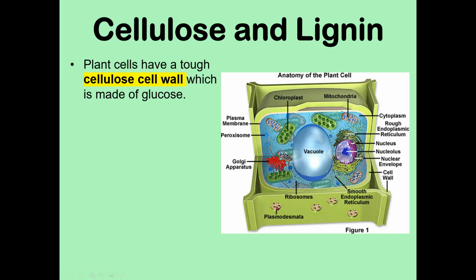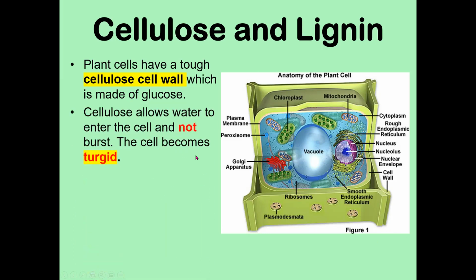These things, plasmodesmata, are like little tubes, little channels that allow the cells to communicate with each other. So chemical signals move between the cells quite easily. So cellulose allows water to move in and out.